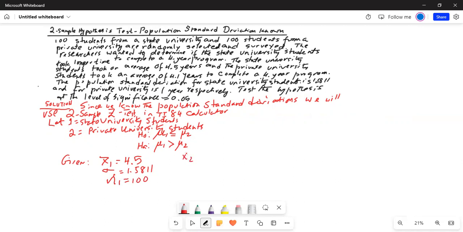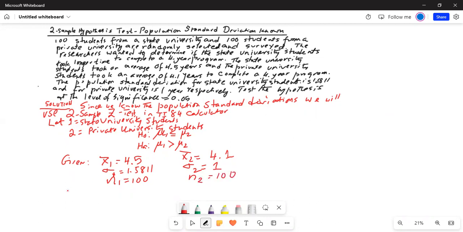For private university students, the sample average is 4.1 years, and sigma 2, this is sigma 1, of course, sigma 2 is equal to 1. Okay. And N2 is also equal to 100.